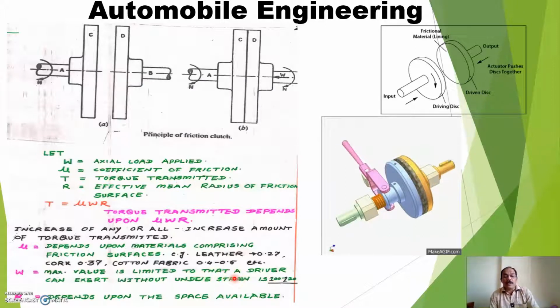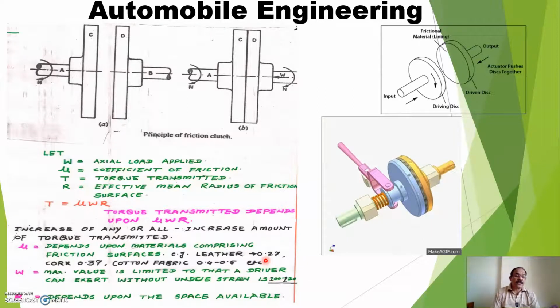Otherwise, over 100 kilometers, operating that clutch many times, he may not be able to drive the vehicle. So W can be up to 100 to 120 Newton, because a driver can exert up to 100 to 120 Newton force. Then R depends upon the space available, because if the space is less and you increase the size of the clutch, then R is not justified there.